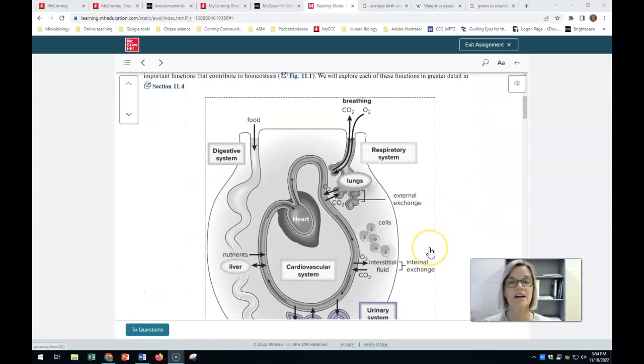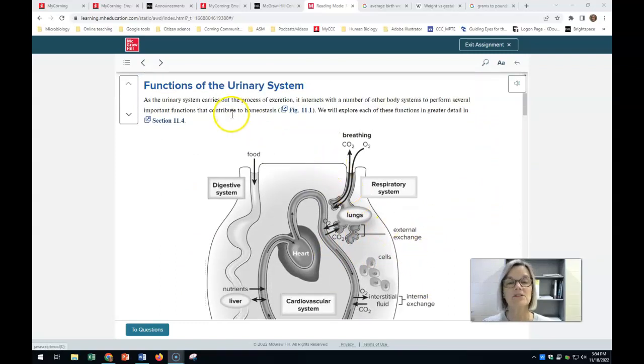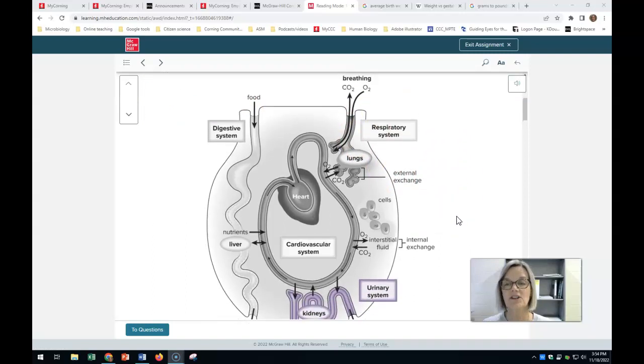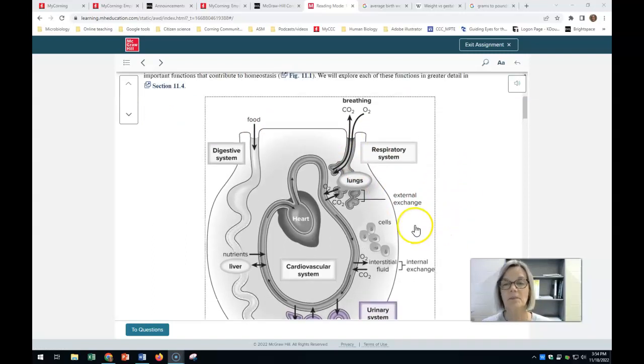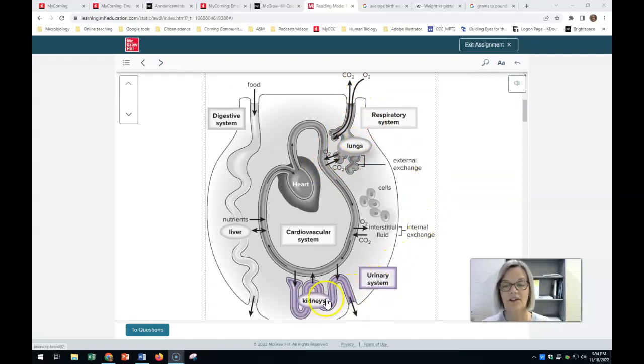This diagram is kind of interesting to look at. It's really important how the urinary system is essential in homeostasis because it's working with other parts of the body. Here we're showing you the heart and the blood circulation, and food is going in, air is going in, bringing oxygen in, and carbon dioxide is being generated. That's leaving through the respiratory system. And then down here, we have the kidneys of the urinary system that are cleaning that blood.